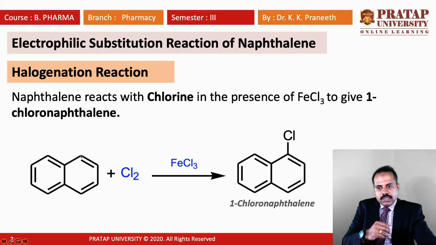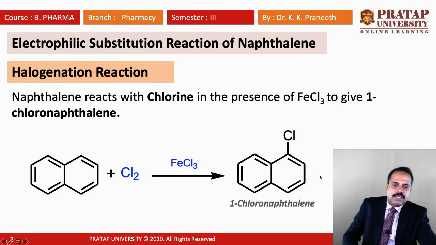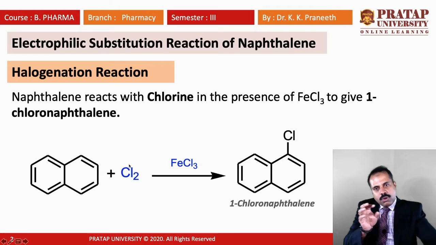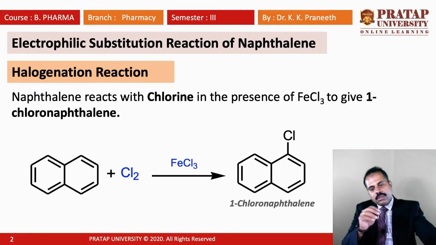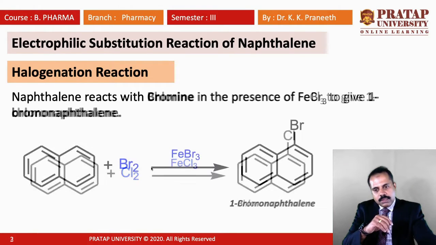There are 8 hydrogens, 1, 2, 3, 4, 5, 6, 7, 8, and here there are only 7, because one hydrogen is gone, and one chlorine is gone as HCl. The byproduct is HCl, so the electrophile is Cl plus.